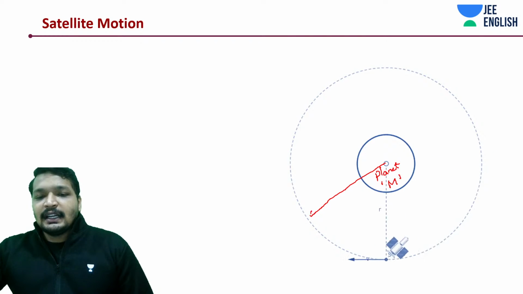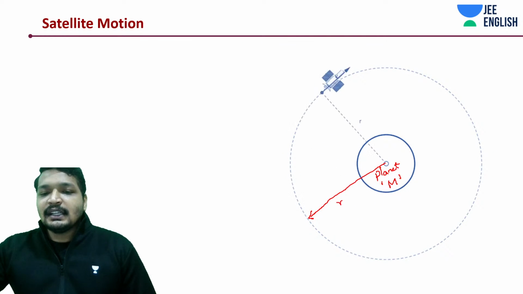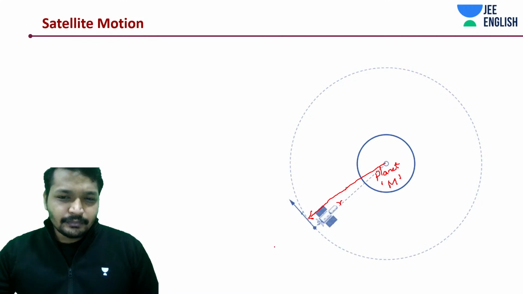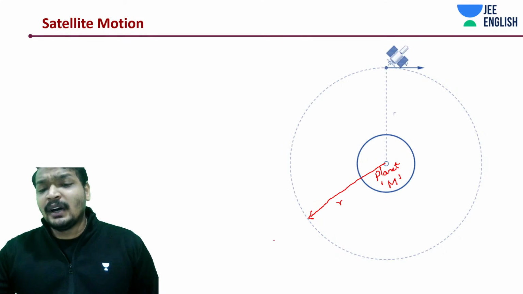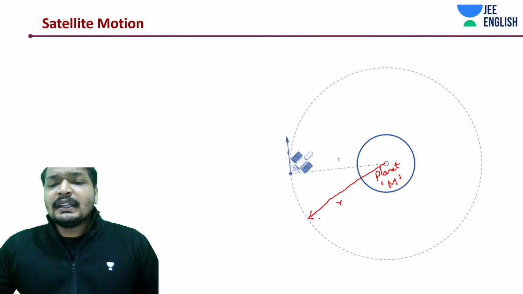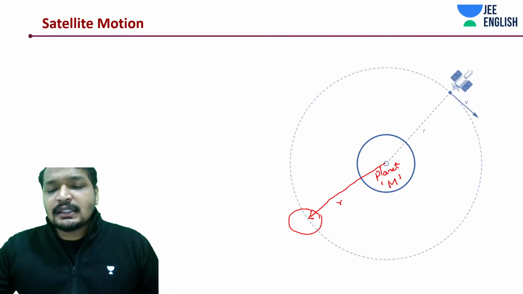This satellite is at a distance r away from the center, and let's say it has some small mass m.